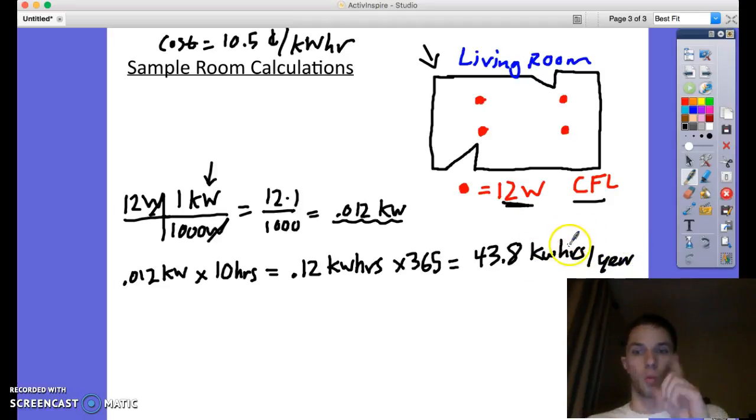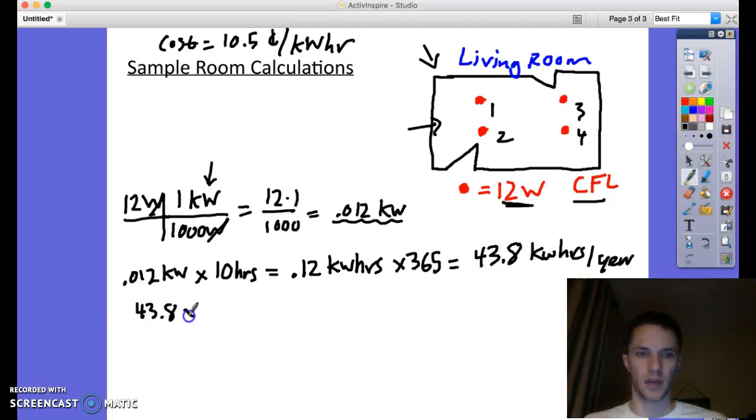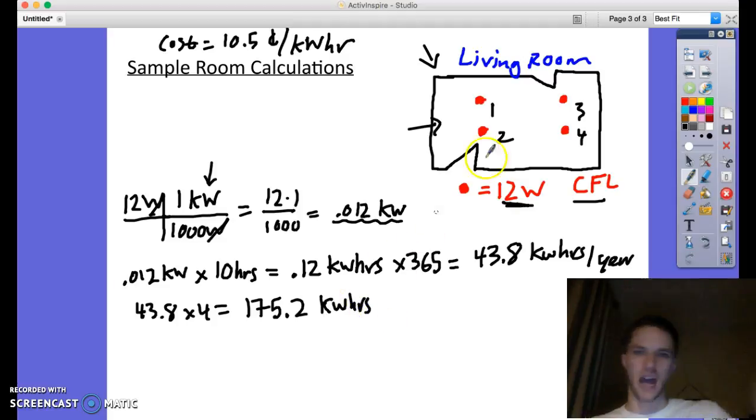Now, this is for one light bulb, but according to my circuit diagram in my floor plan, I have 1, 2, 3, 4 light bulbs. So I need to take this number, 43.8, and multiply it times 4, because that's how many bulbs I have in this particular room. And when I do that multiplication, I get 175.2 kilowatt hours for this entire room. This is how much electricity, how much power these bulbs are using.